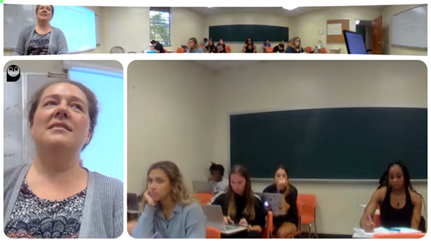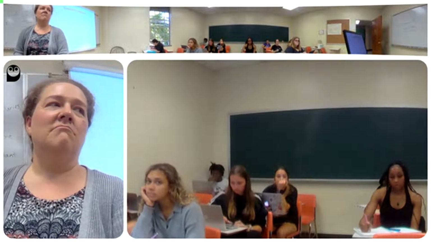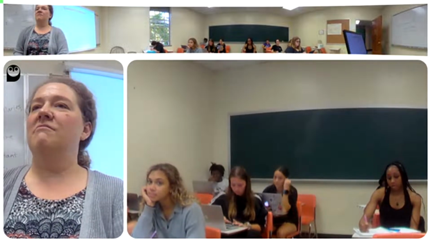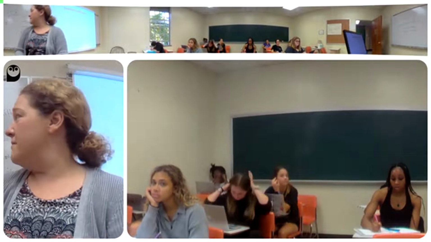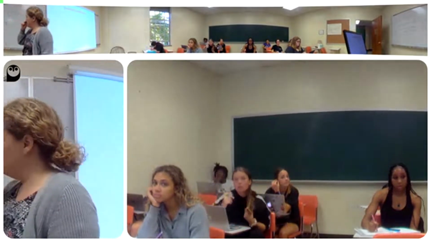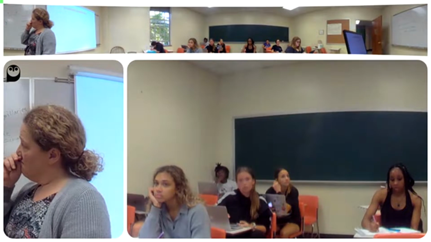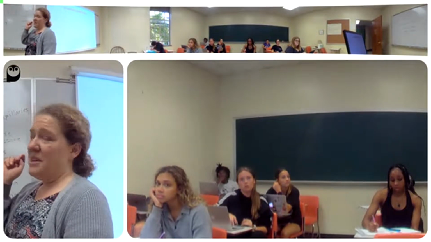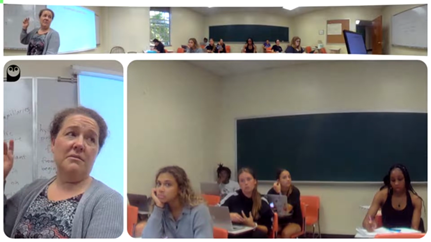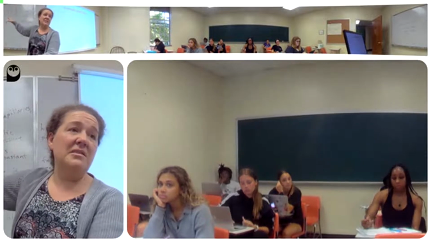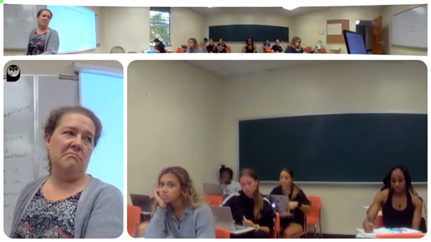Who has a net pressure value? Anybody? 11 inward. 11. It's definitely 11. It's going to be outward. So the net pressure is always going to be the difference between those.